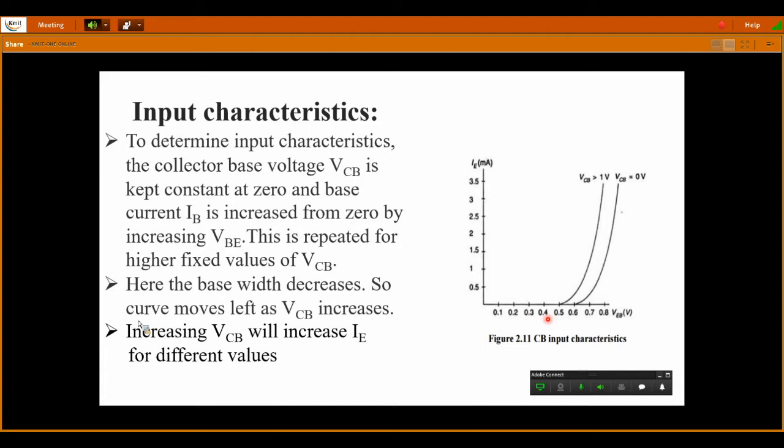The emitter is N type material and the base is P type material here. So the carriers will move from the emitter to the base only when you apply a voltage on your emitter base junction which is above the cut-in voltage.